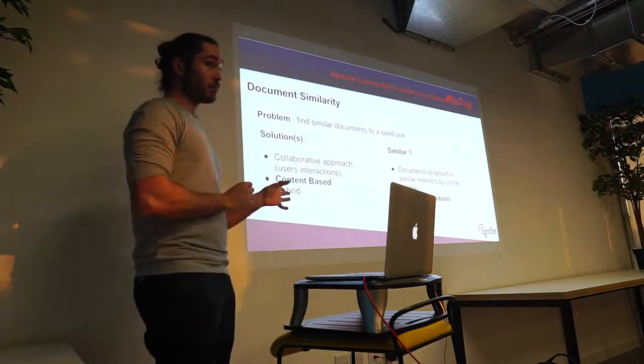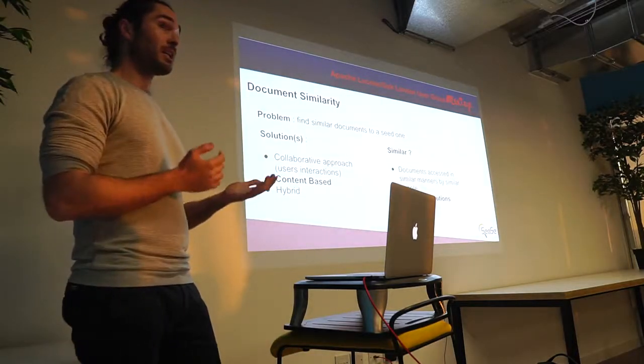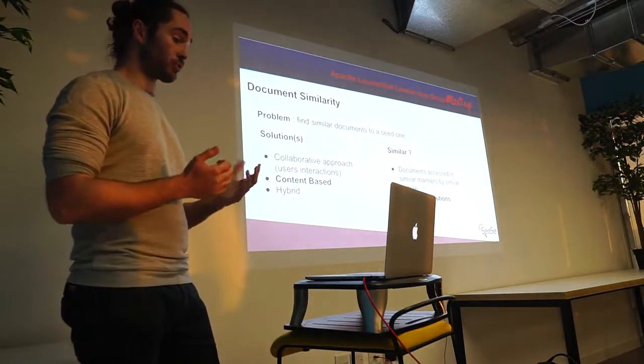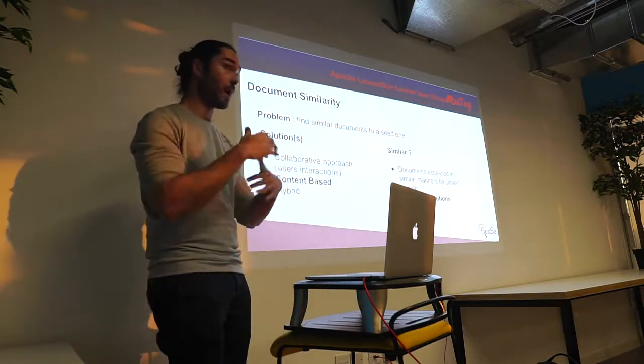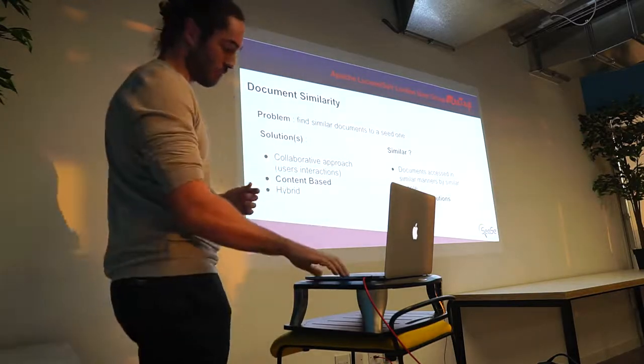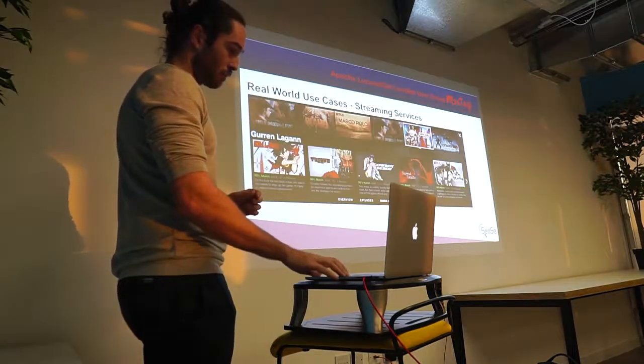Content-based, which the Apache Lucene More Like This is. So two documents are considered similar if they share similar term distributions. And then you may have hybrid approaches which combine the two of them, but that's not what the Apache Lucene More Like This is about.